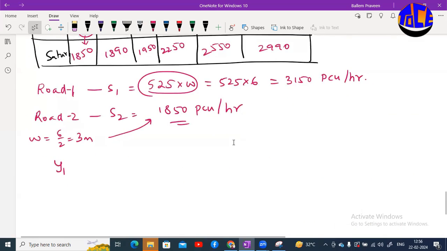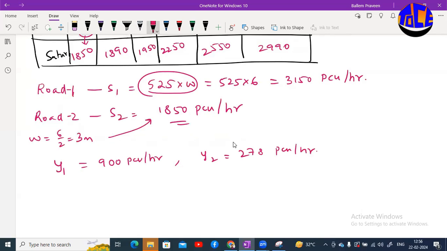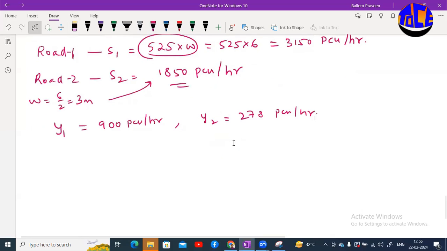So Y1 will be 900 PCU per hour and Y2 will be 278 PCU per hour. In road 2 there is only one lane, that is 3 meters, so we directly took 278.